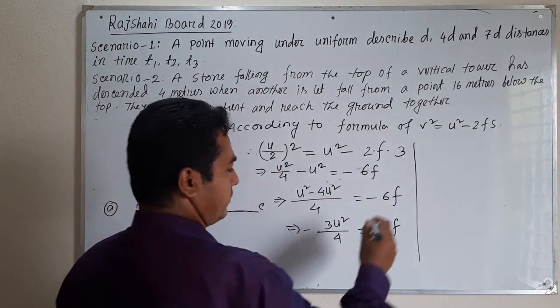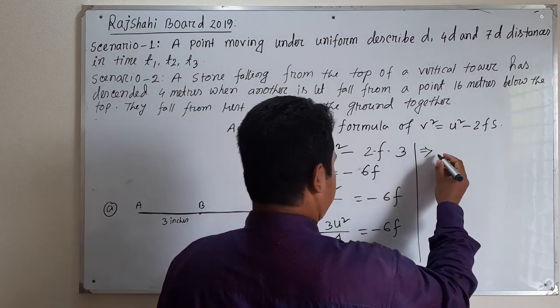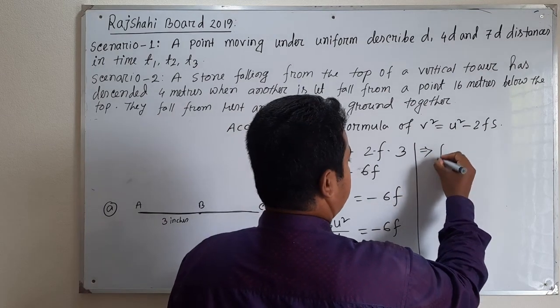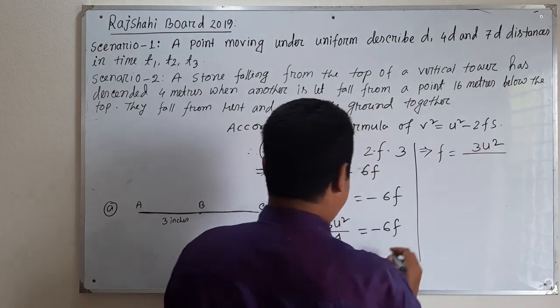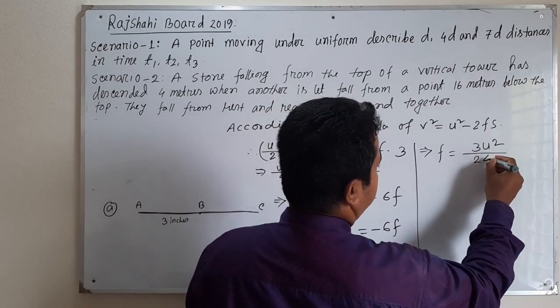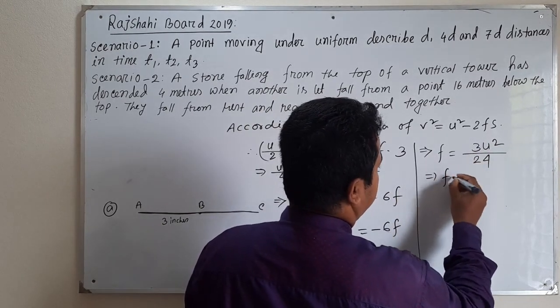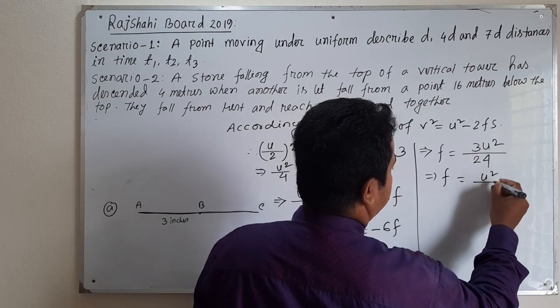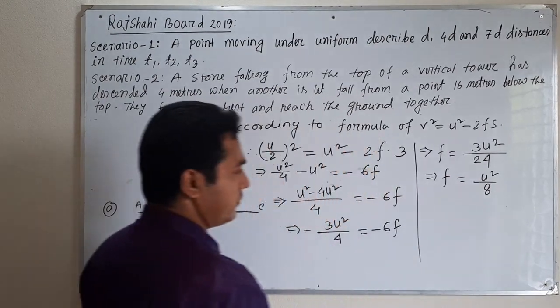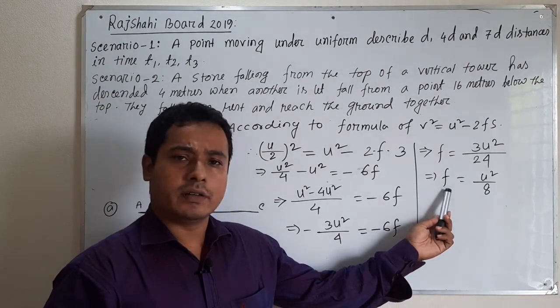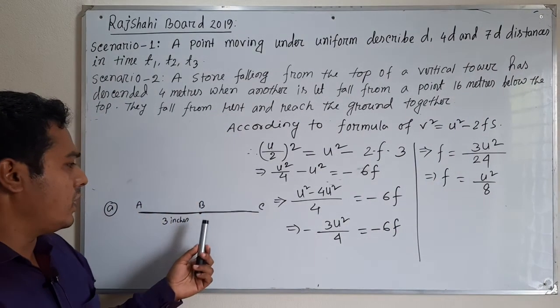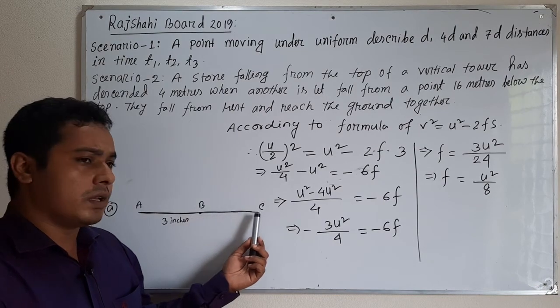Then f is equal to 3u square divided by 24. So we can write f is equal to u square divided by 8. This is our retardation. Now we have to find the length of BC.